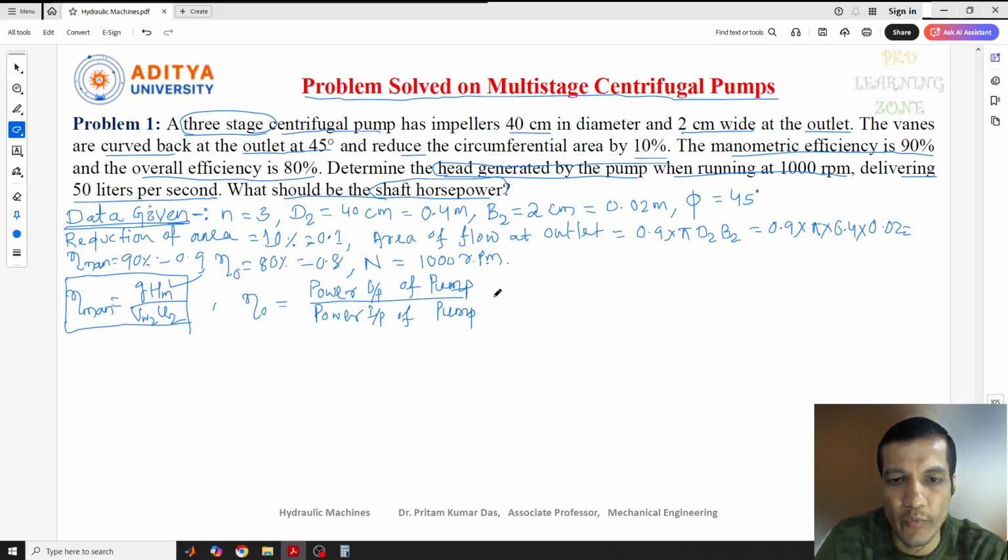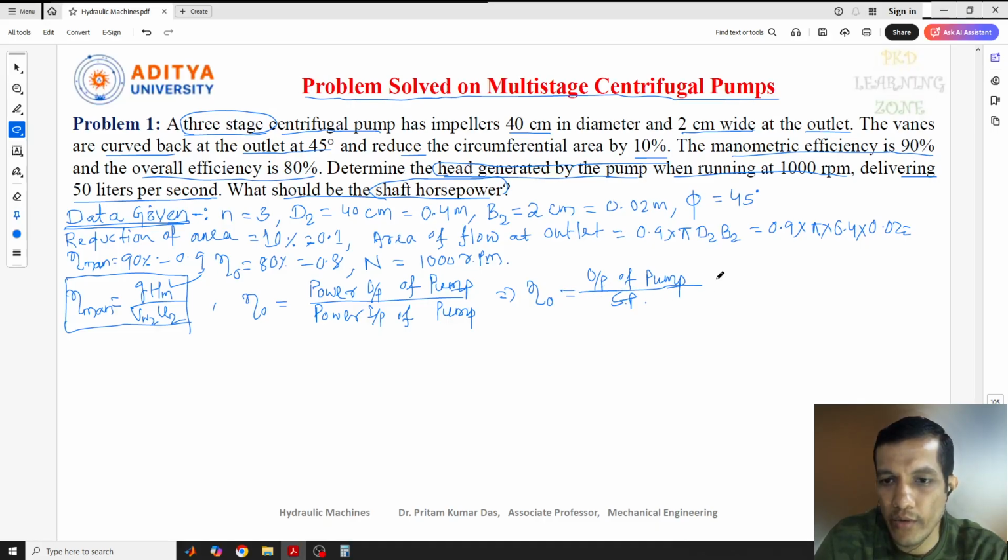Here the input is nothing but our shaft power. So overall efficiency equals power output of the pump by shaft power.